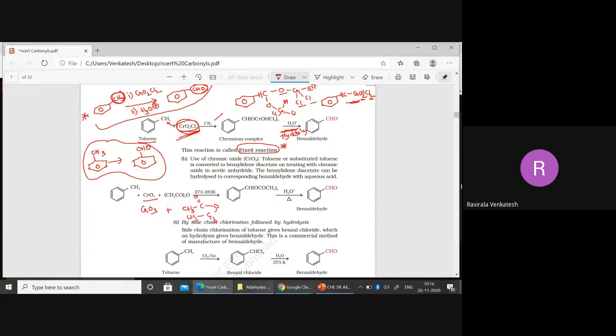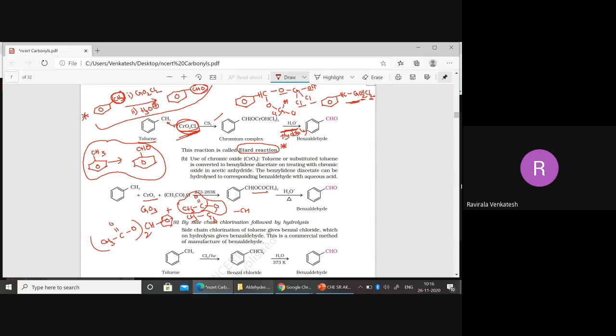Now here also we can make the same thing. Put CH here and put this group here, two times on CH. This group is CH3, C double bond O, oxygen on the CH group, taken 2 times, and put benzene like this.